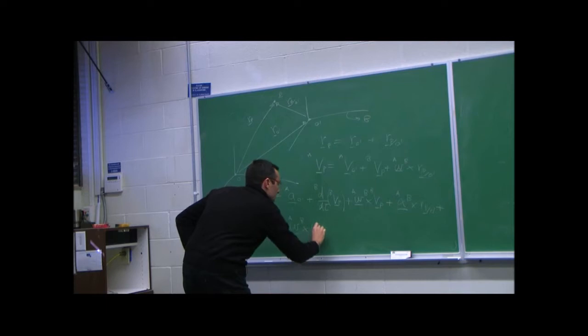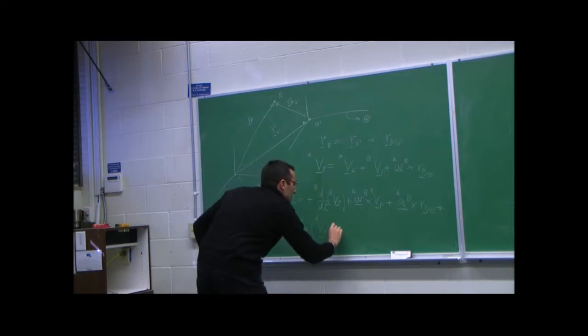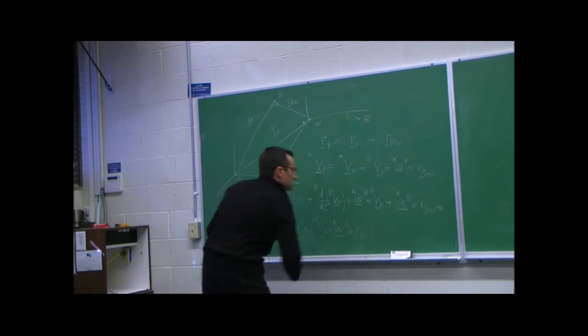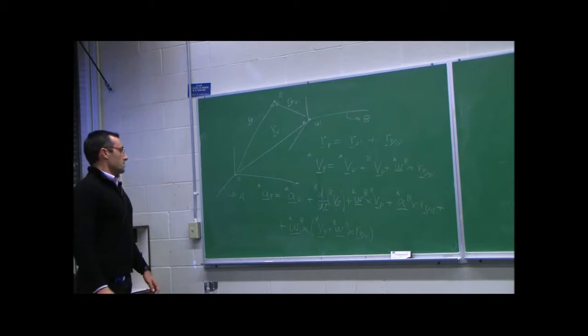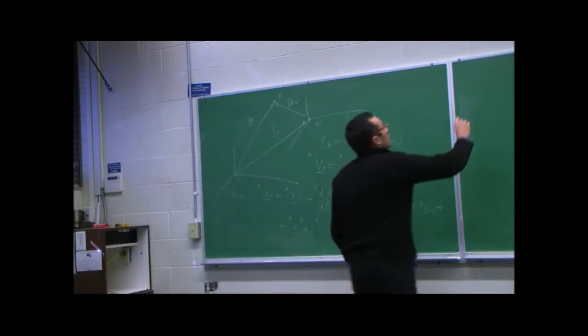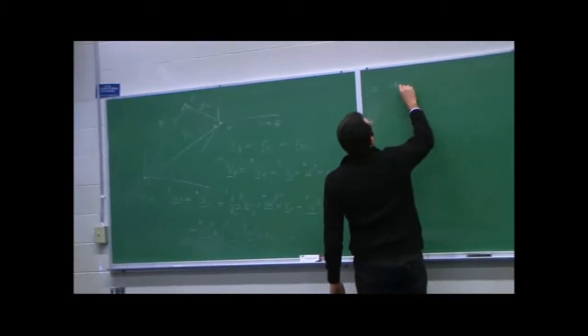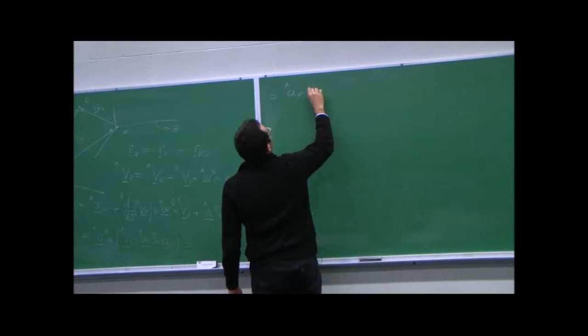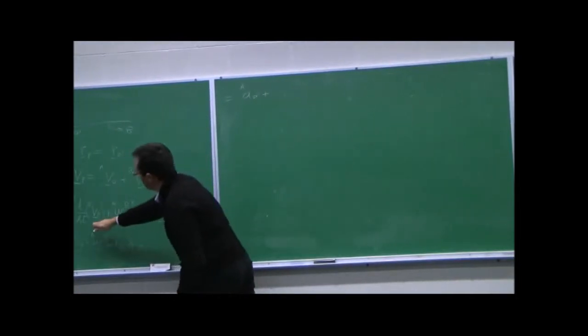Velocity of P with respect to B plus omega B A cross with Rp with respect to O prime. Rp O prime, I think. It's almost done. We have acceleration of O prime seen by A plus, what do you call this time derivative here?